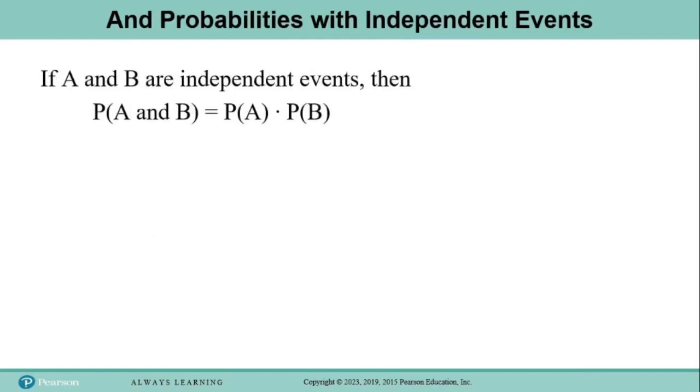Now, if we know that two events A and B are independent, then we can find the probability of A and B by just multiplying the probability of A times the probability of B. I don't want you to get this new formula confused with our old formula for OR events.